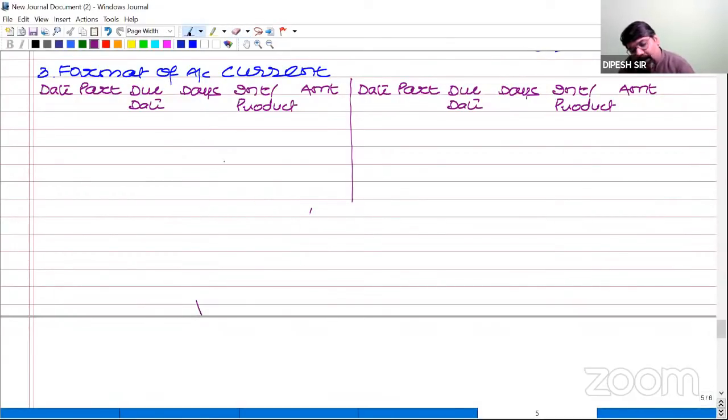Point number 4. Methods of calculating interest.